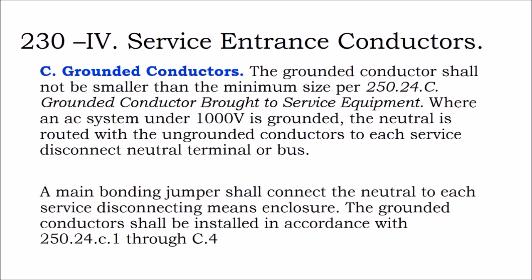So we have an AC system, our home. It's grounded. Our home is grounded. The neutral wire of the home is routed with the ungrounded conductors, the positive and negative conductors, to each service disconnect neutral terminal or bus. So at the service disconnect, and that might be inside the electric meter, that might be brought out all the way to where the power enters your property.